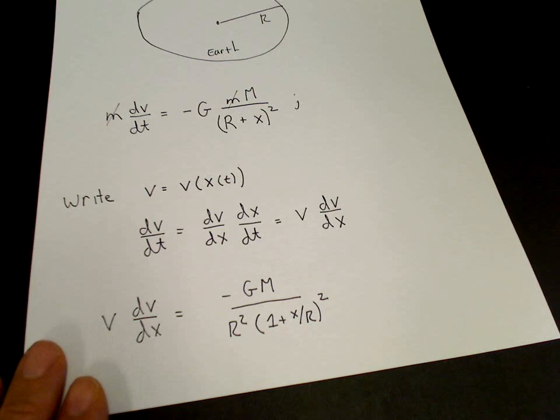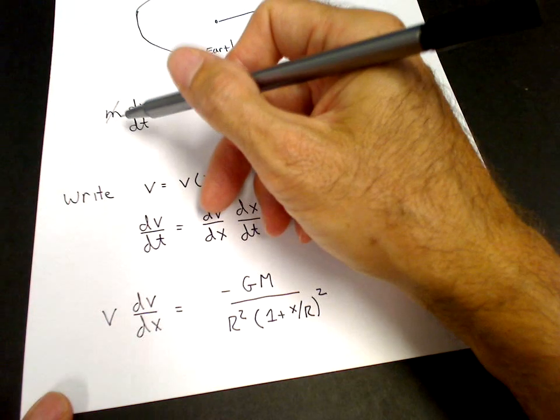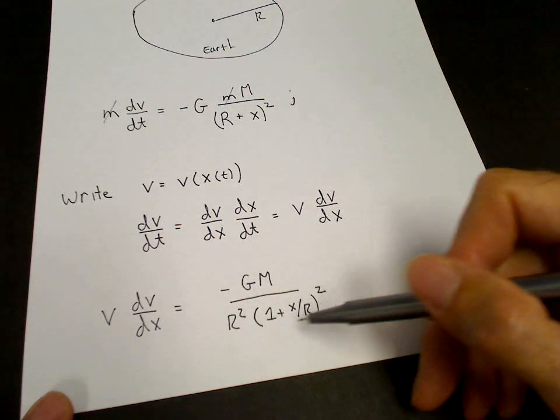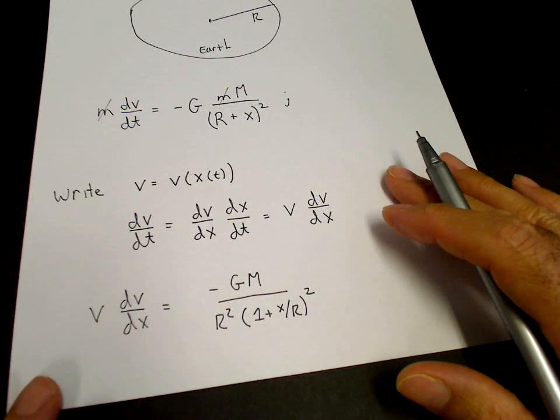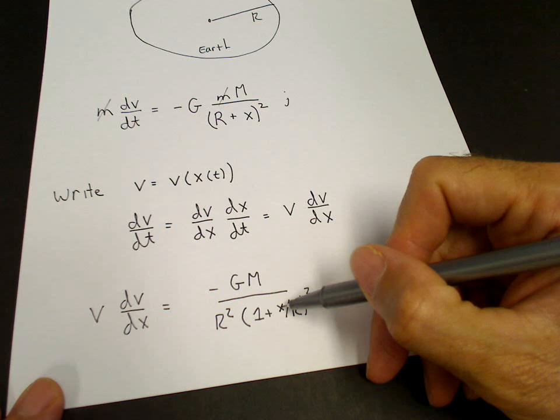Okay? And we can simplify this because we know that the gravitational acceleration, right, this is the acceleration of the mass. The gravitational acceleration on the Earth's surface is minus little g. That's when x equals 0.